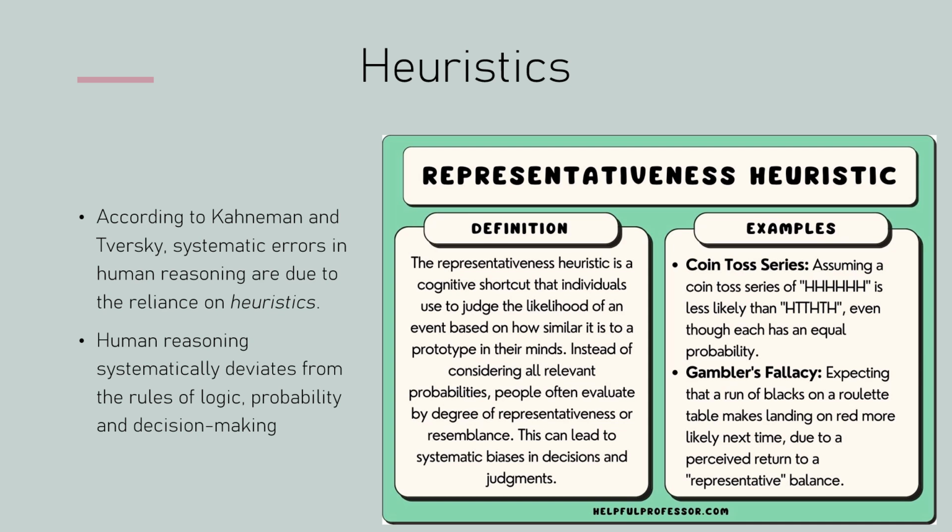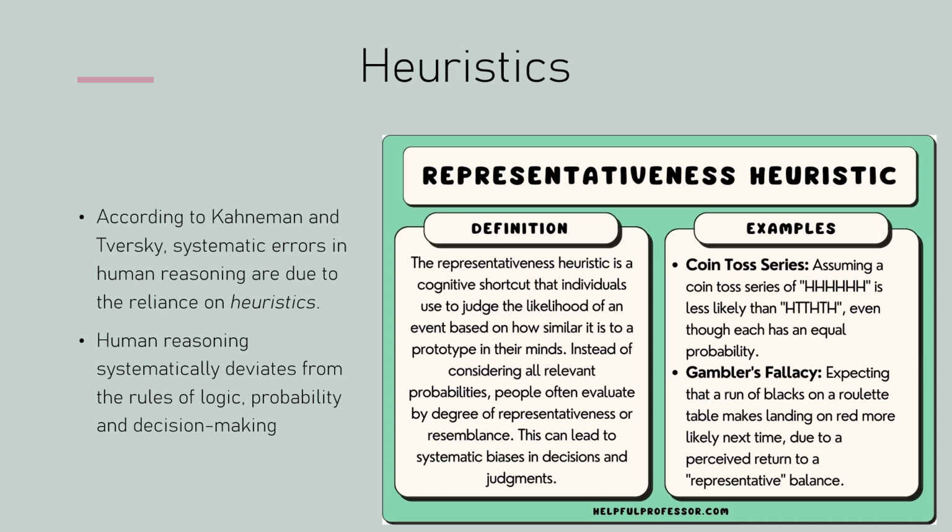It's a cognitive or mental shortcut that individuals use to judge the likelihood of an event based on how similar it is to the prototype in their minds. Instead of considering all relevant probabilities, people often evaluate by degree of representativeness or resemblance. This can lead to systematic biases in judgments and decisions.